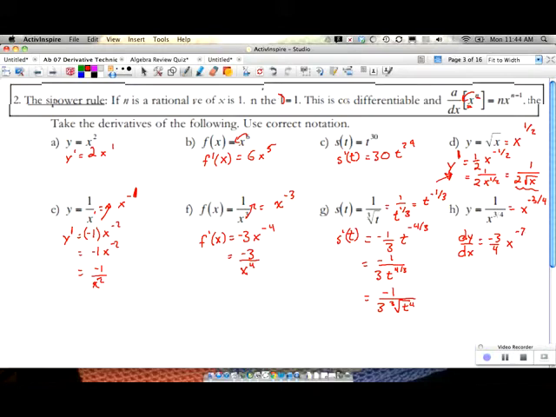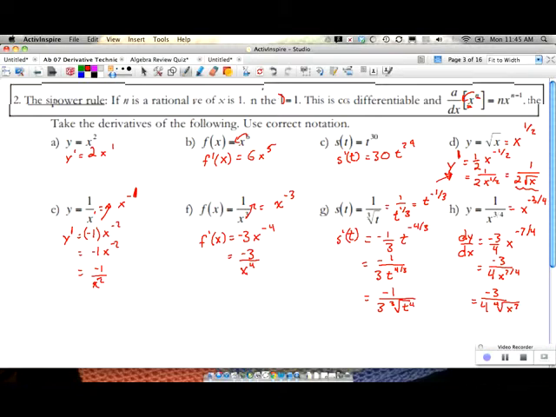Subtract 1 from negative 3/4, get negative 7/4. Let's drop that to the denominator. It's going to be negative 3 over 4 times x to the 7/4. And then rewrite this with a radical. It'd be negative 3 over 4 times the 4th root of x to the 7th. A lot of work there, but still pretty doable.